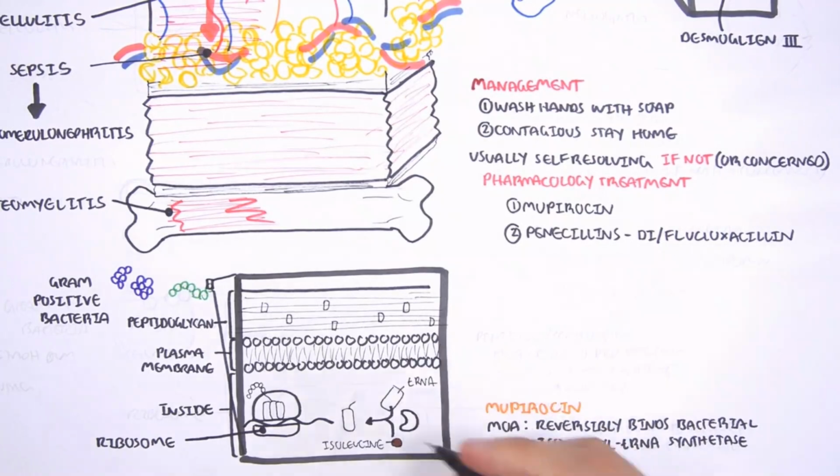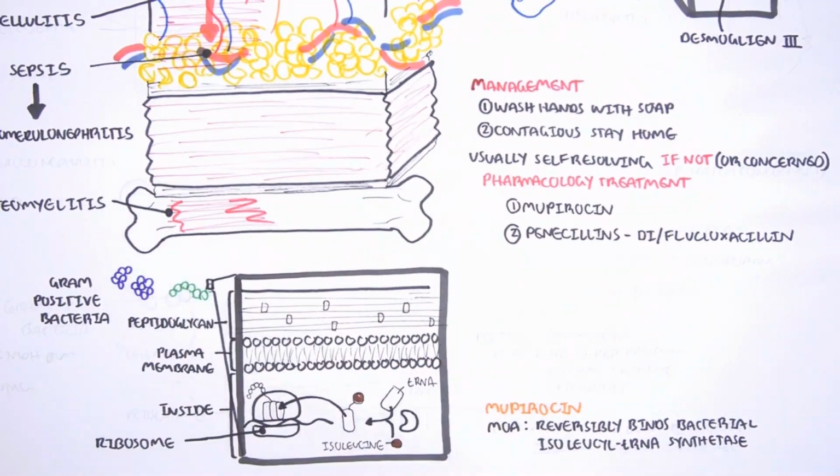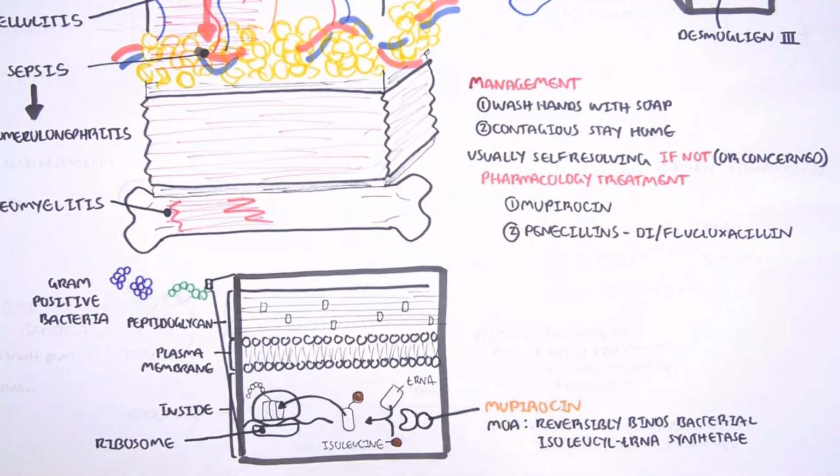And because of this, the new tRNA isoleucine complex can go to the ribosome and offload the amino acids to help the ribosome make proteins. Mupirocin inhibits this enzyme, isoleucine tRNA synthetase, and thus disrupts protein synthesis.